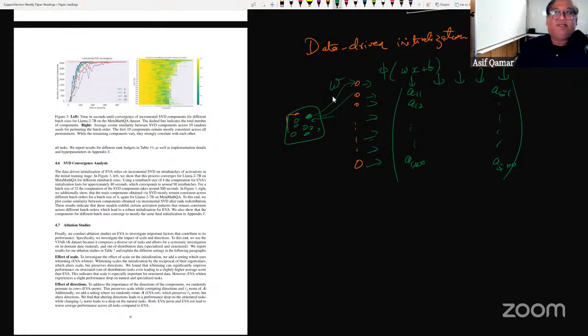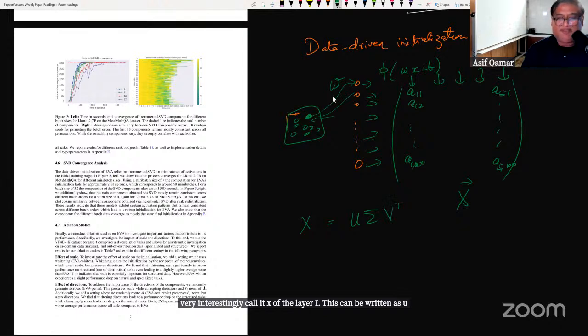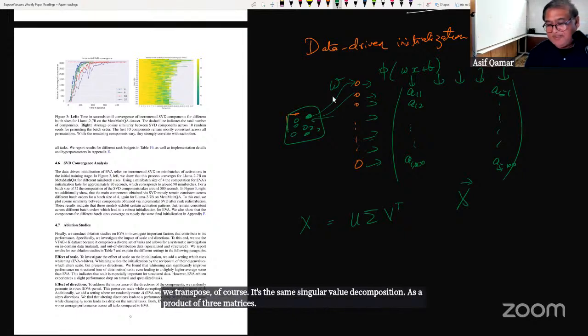And the way you do it is the singular value decomposition. So in this paper, they very interestingly call it X of the layer I. This can be written as U V transpose, of course, the same singular value decomposition as a product of 3 matrices. The inner matrix is always a diagonal matrix.